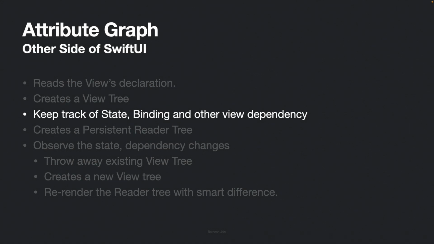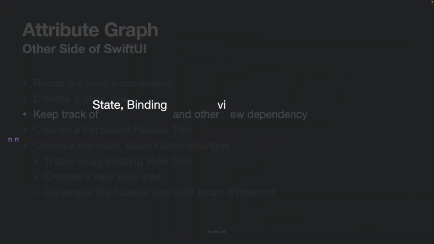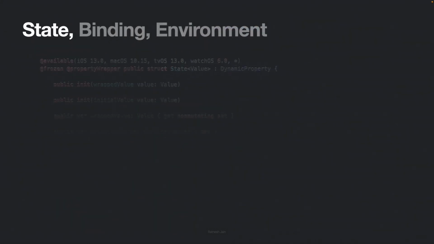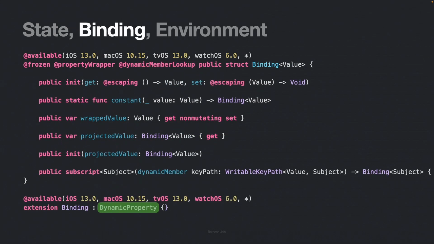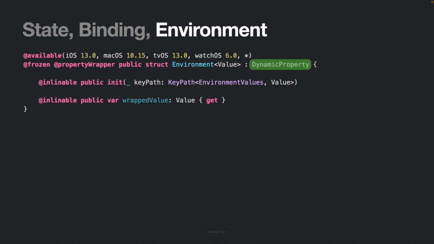I wanted to mention how state, binding and other dependencies are kept track of, like how the attribute graph keeps track of these dependencies. So let's see the definition of the State property wrapper. We will see a special protocol conformance called DynamicProperty. If we look at Binding as well, we will also see that DynamicProperty conformance at the bottom. And the same for Environment.